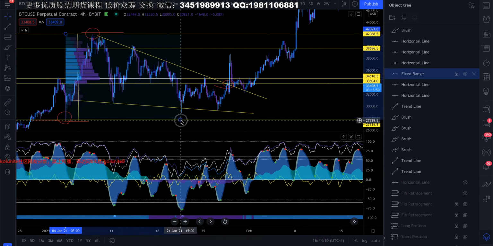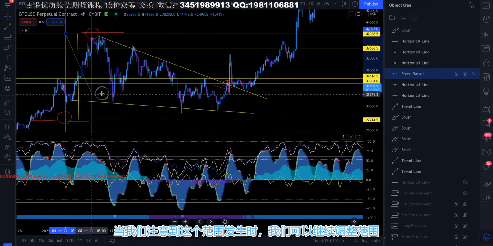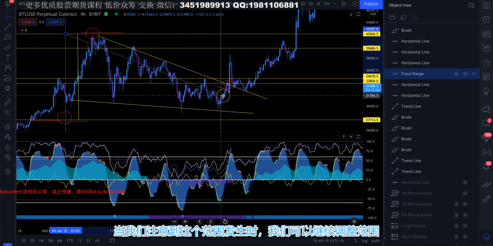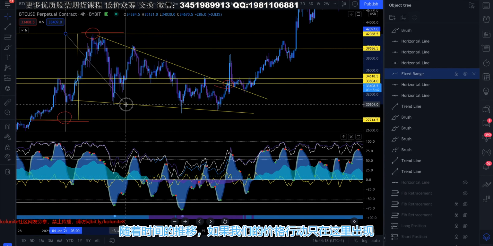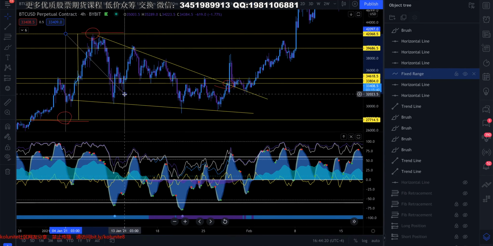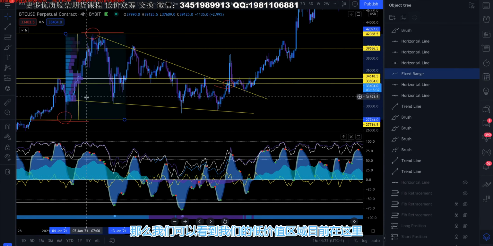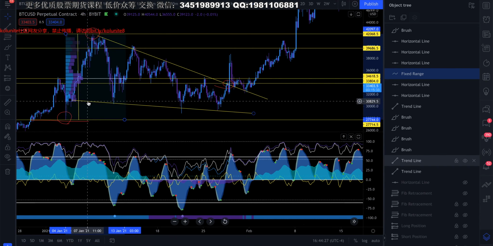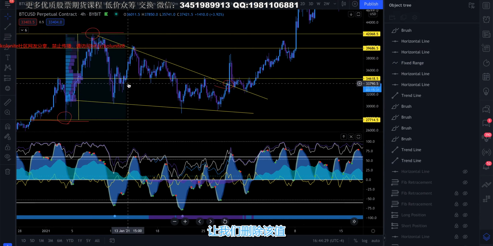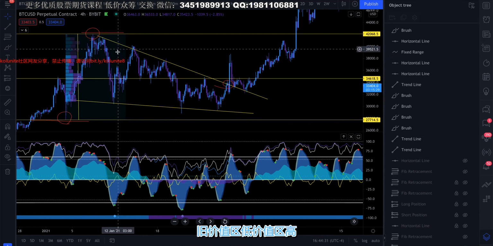As we notice this range happening, we can continue to adjust the range as time goes, right? If price action is only coming up to here, then we can see our value area low is currently down here. Let's remove the old value area low and value area high.